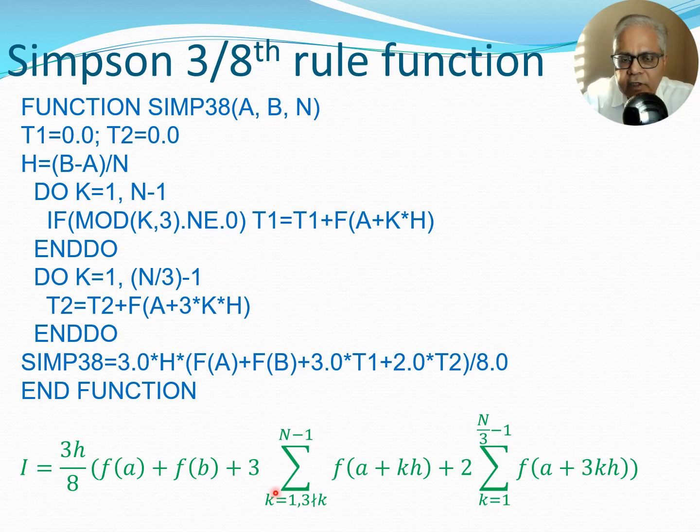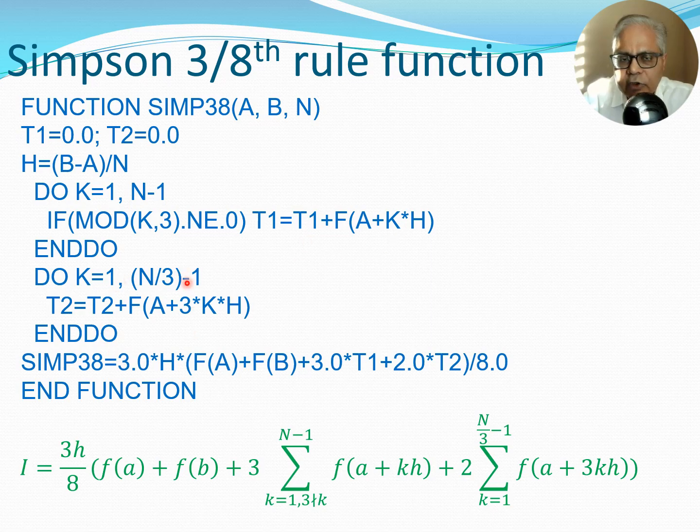Now in the case of t1 there is a slight level of complexity because you have to skip all the multiples of 3. So I have this piece of code there that if mod(k,3) is not equal to 0, then you do this. So actually you can check out the mod function and you can see that this will go in such a manner that all the multiples of 3 are going to be skipped.